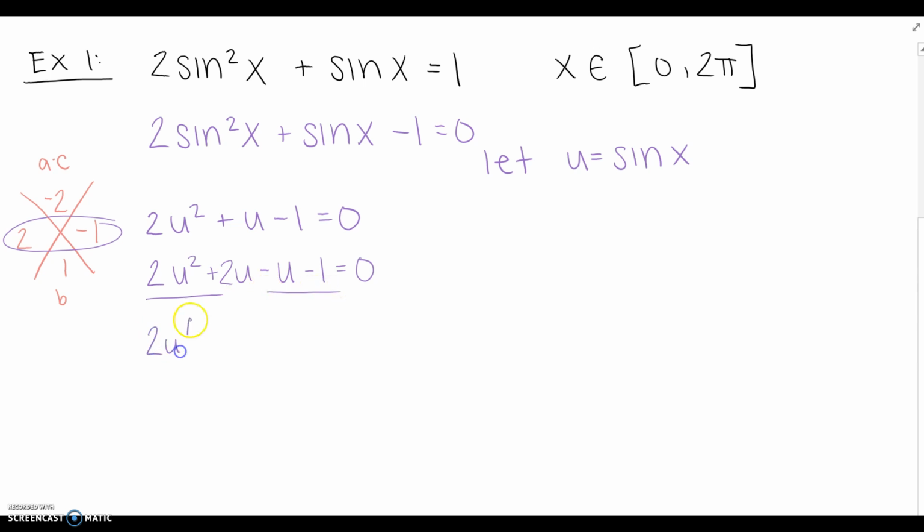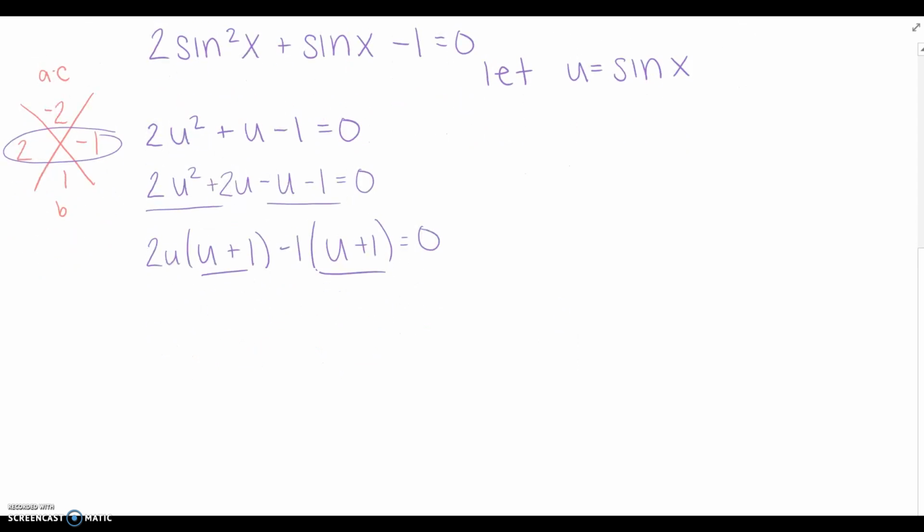So a 2u, and we're left with a u plus 1. And then here we can factor out a negative 1. We're left with u plus 1, because we want these two factors to be the same. So then our factors are going to be 2u minus 1 and u plus 1.